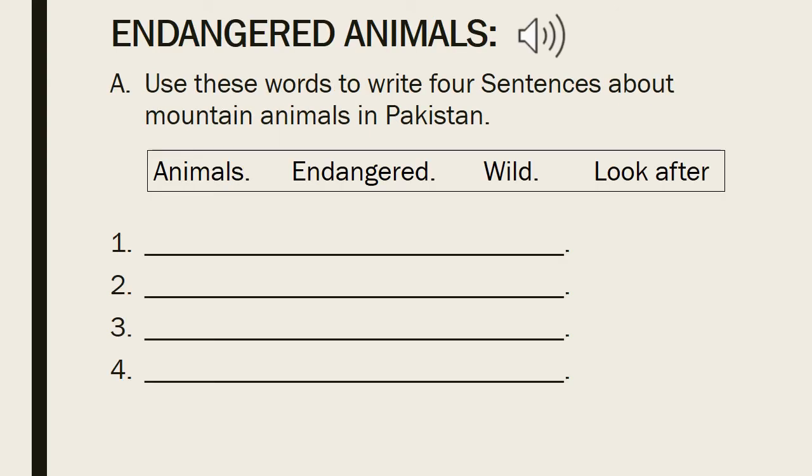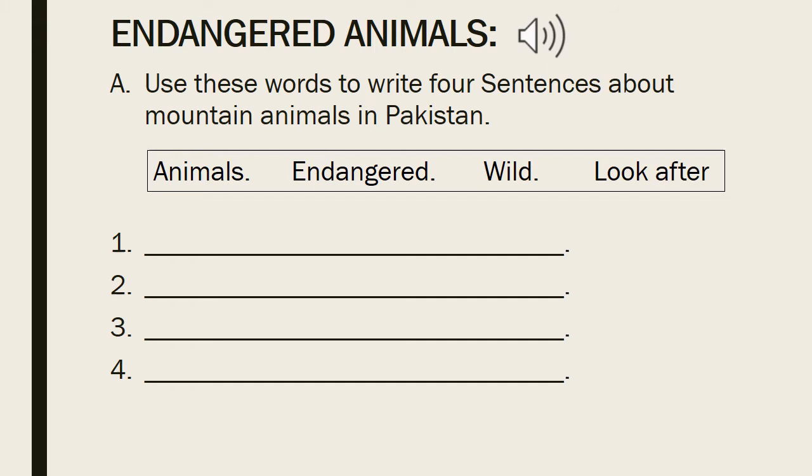Our third topic is endangered animals. As you know, endangered animals are the animals that do not exist anymore, or the animals that are in danger, and only 2 or 3 of those animals are left.